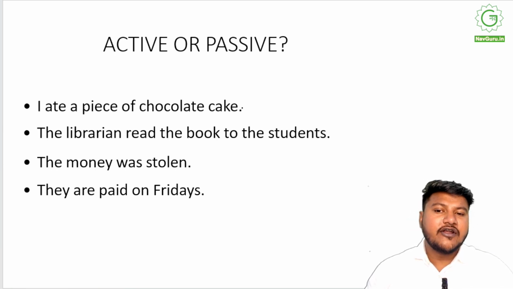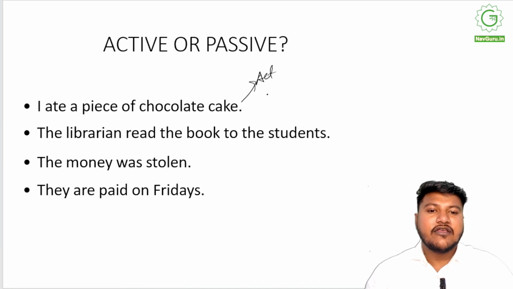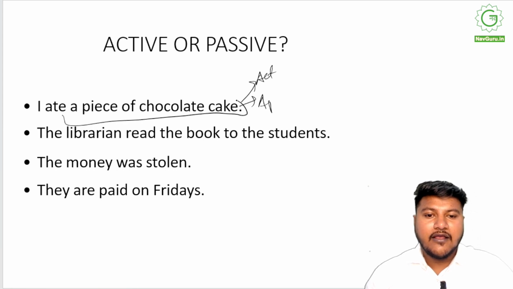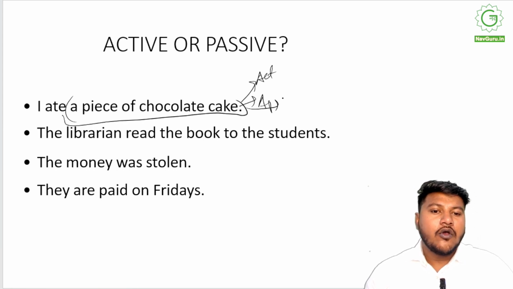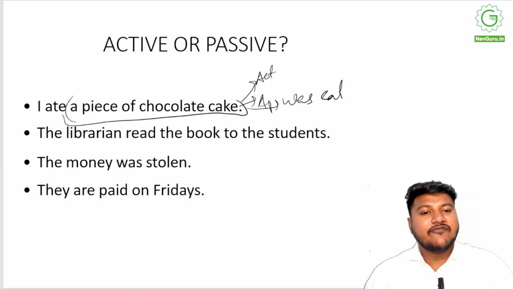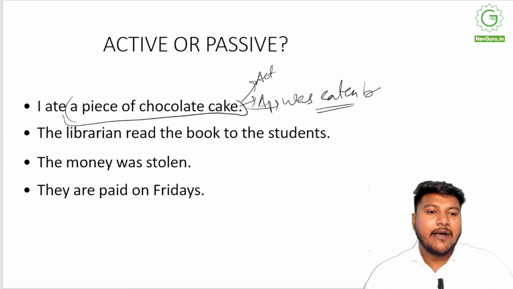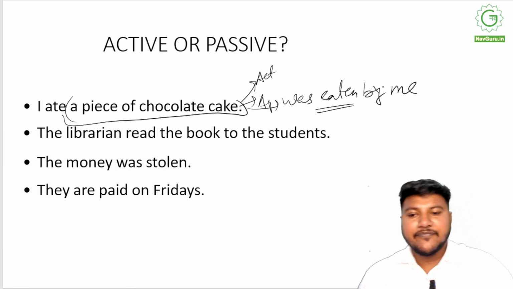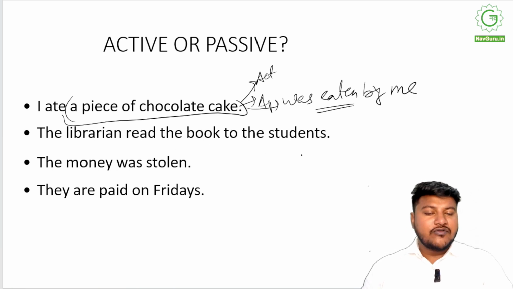I ate a piece of chocolate cake. Is it active or is it passive? It's active. If I want to put it in passive, I'll say: a piece of chocolate cake was eaten. The third form of eat is eaten, by me. I becomes me, right? The librarian read the book to the students.